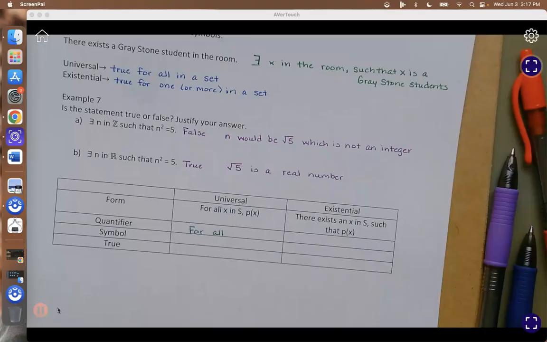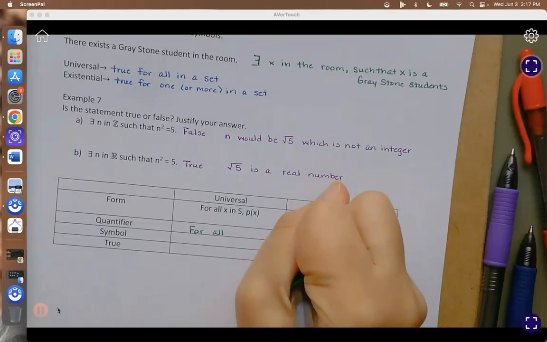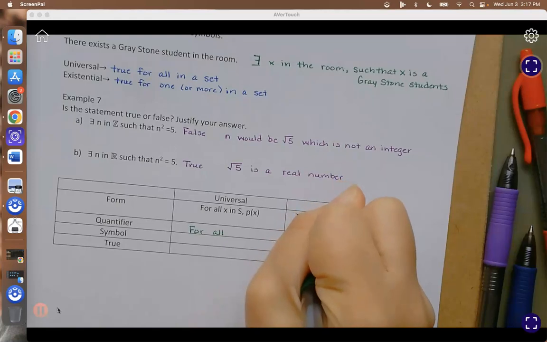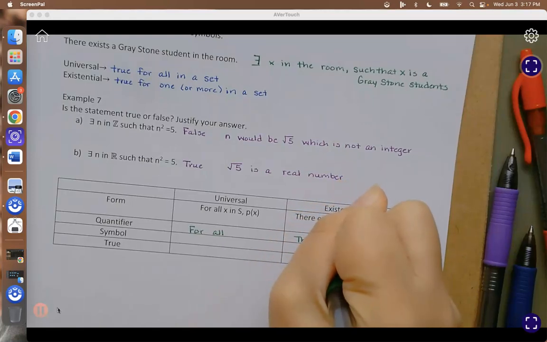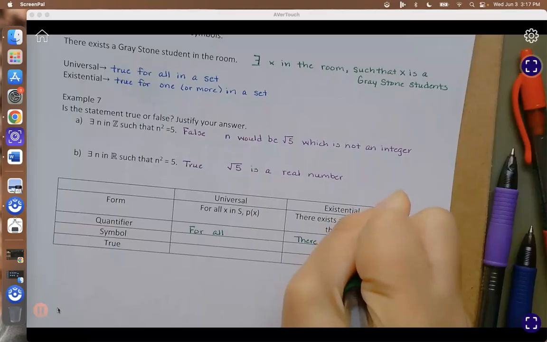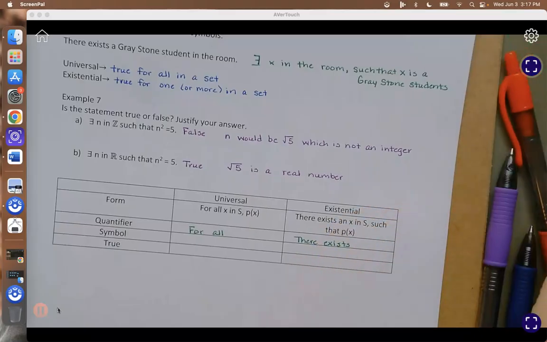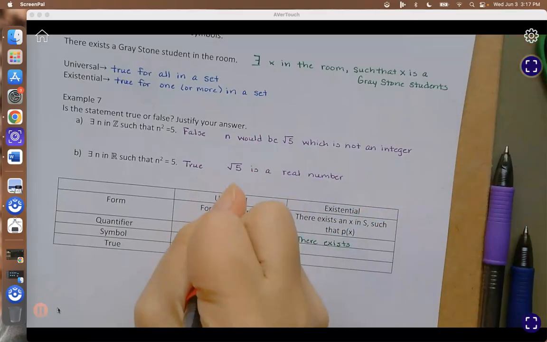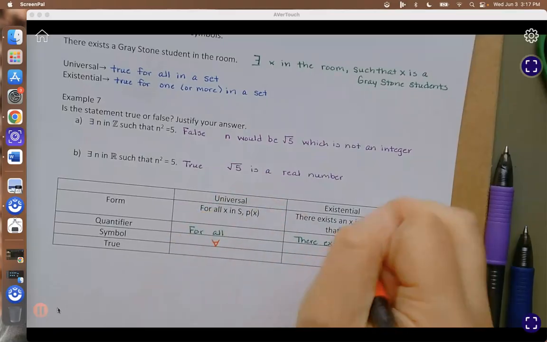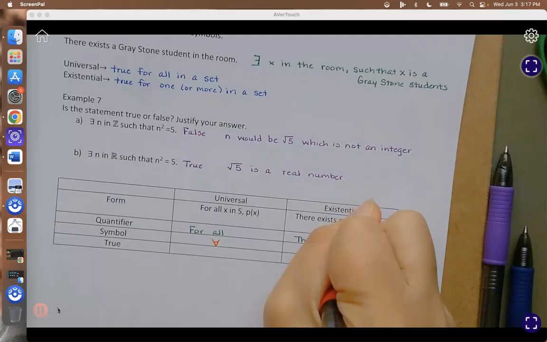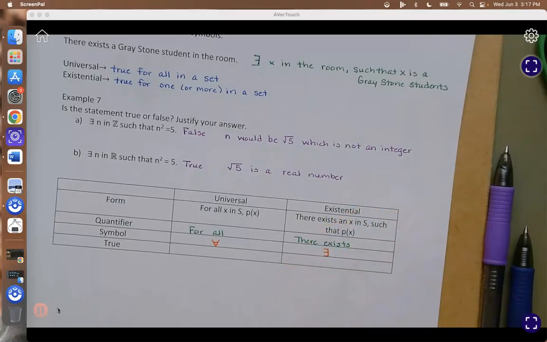Existential, there exist. Okay. The symbol for all is the upside down A. The symbol for there exists is the backwards E.